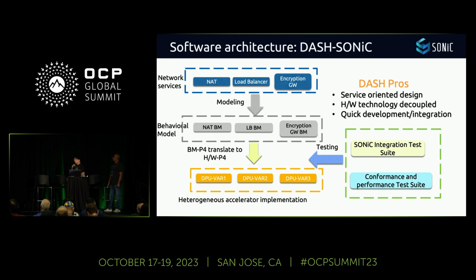Through the modeling, we define the pipeline, how to process a NAT flow or load balancer flow, and finally the product of modeling is a NAT or load balancer behavioral model. This behavioral model can be described with behavioral model P4.